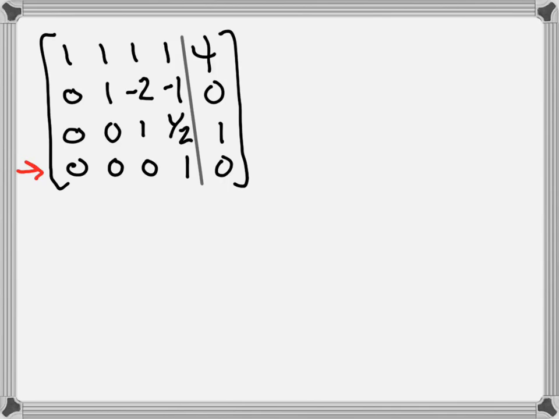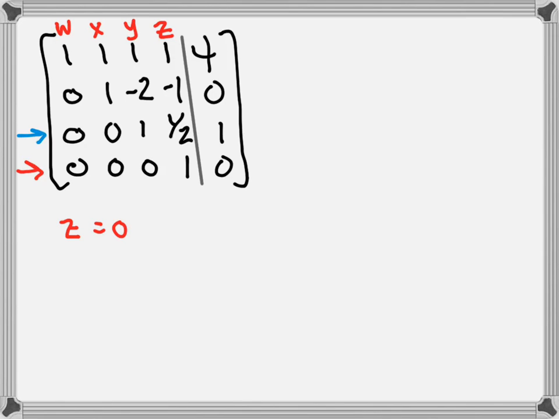So we're going to look at our fourth row because remember these columns correspond to W, X, Y, Z, and then on the right of the vertical bar we have our right hand side. So that fourth row corresponds to the equation 0W plus 0X plus 0Y plus 1Z equals 0, or simply Z equals 0.